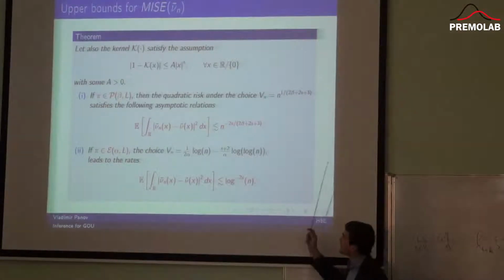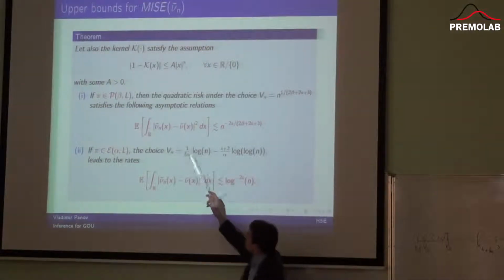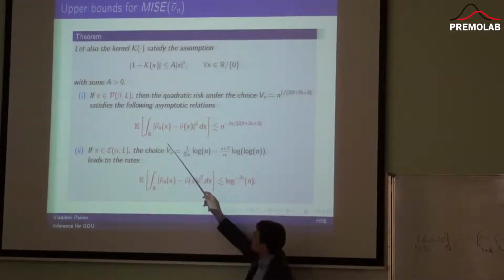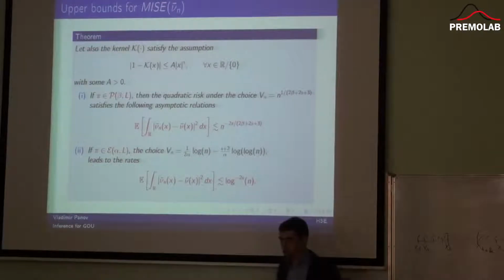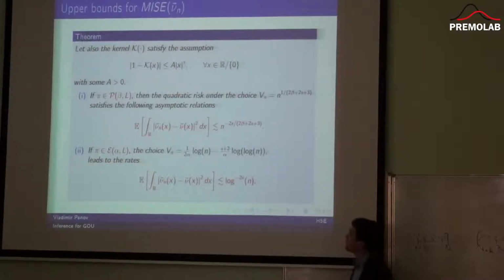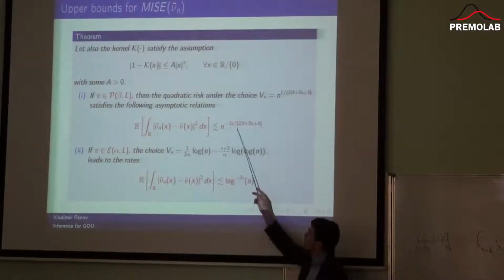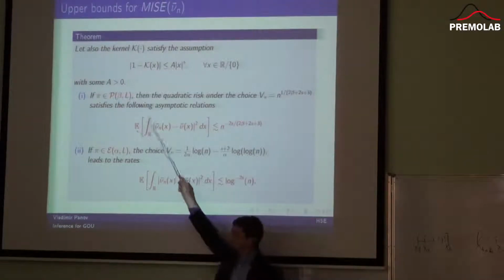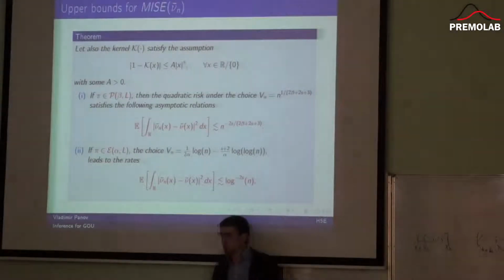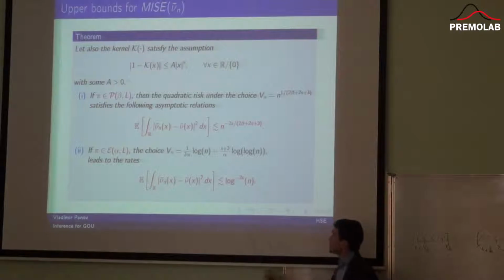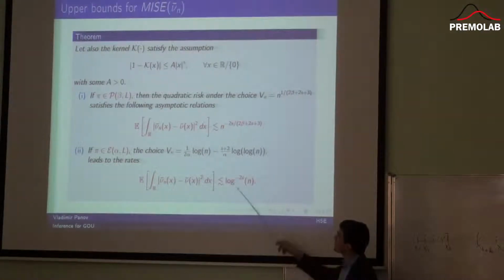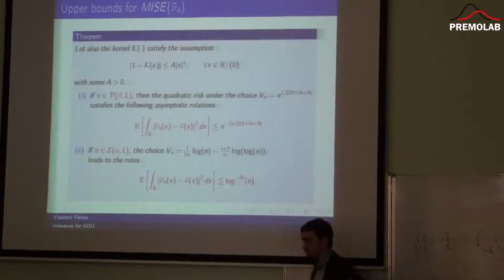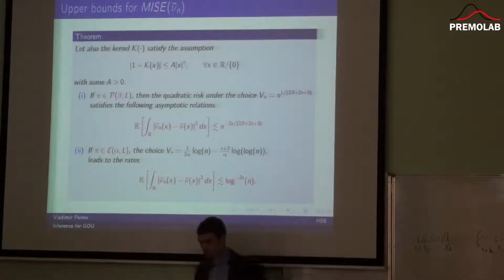What we can prove is that the MISE, the mean integrated squared error of our estimator, is also of polynomial order if we consider pi from a polynomial family. And in the second case, it is also logarithmic. You can see that these rates of convergence are very close to the rates of convergence of lambda and mu.